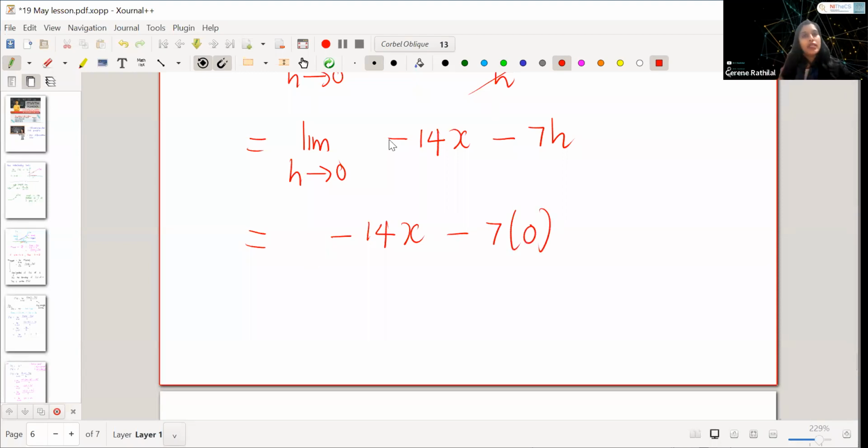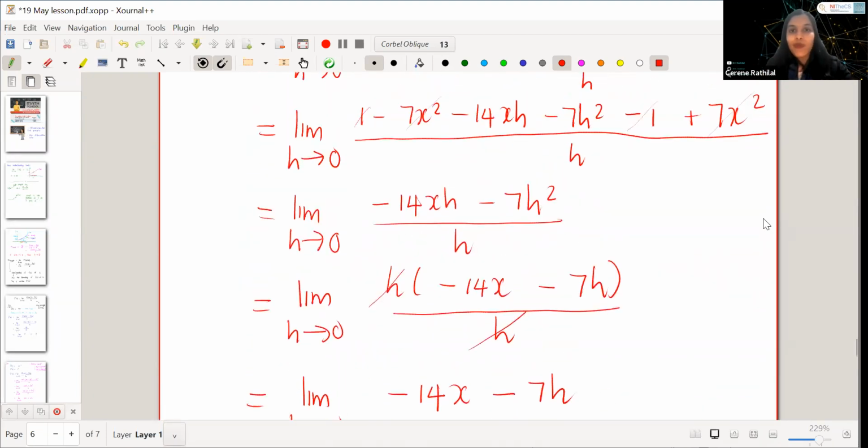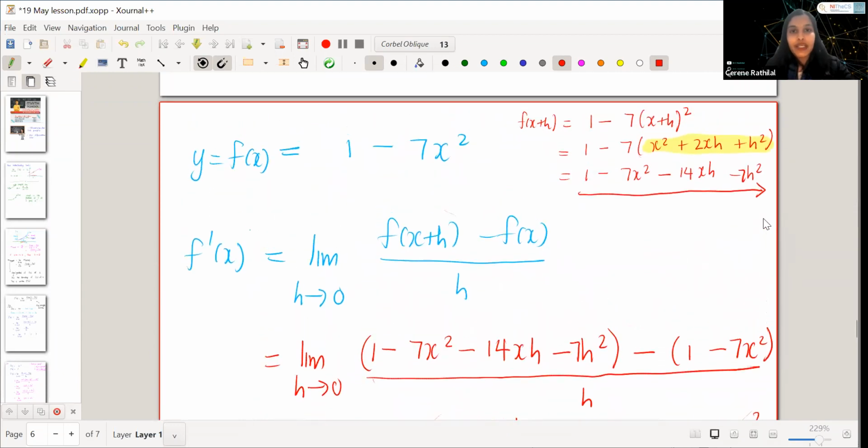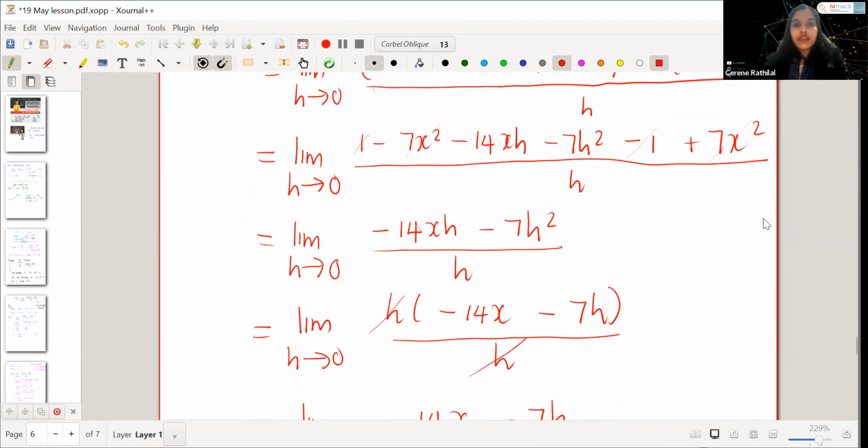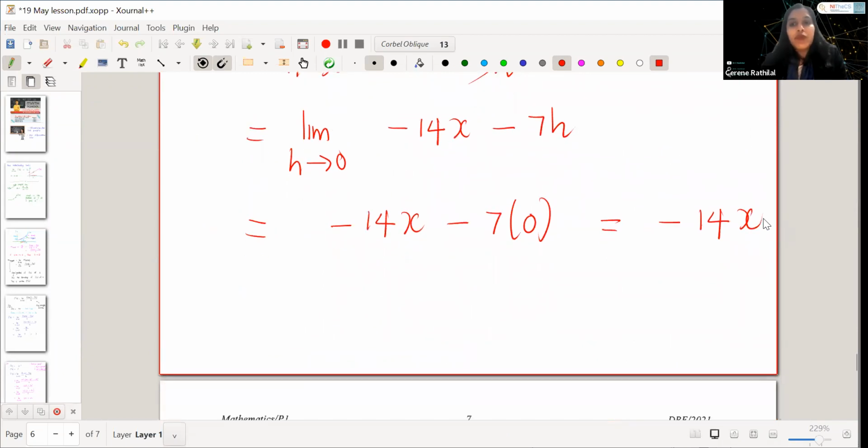And we now drop the limit because we are doing the substitution. So at this point, we now see that we arrive at an answer of negative 14x. Is that the answer that you all thought that you would have gotten for this calculation? The function was 1 minus 7x squared, and we've arrived at a final answer that f prime equals negative 14x. So that's what we've got.